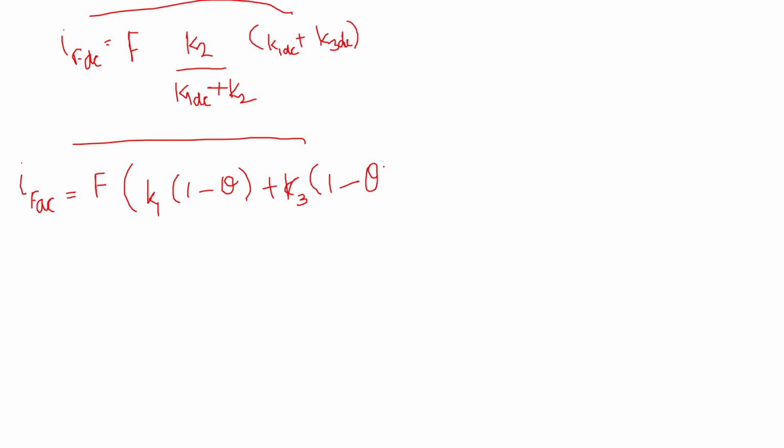Now, who can tell me how we will elaborate and write K1 and K3 when AC current is applied? How will it depend upon the potential? Let's see in the linearization.